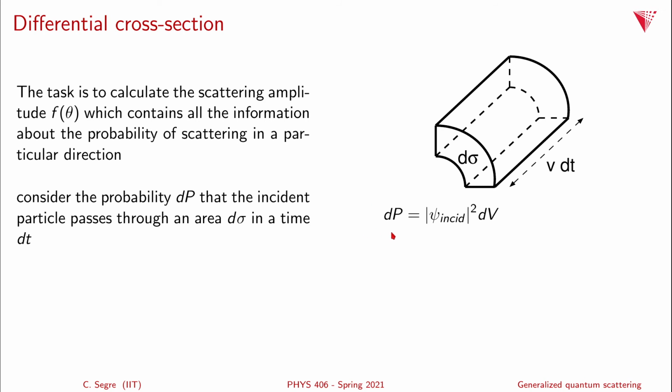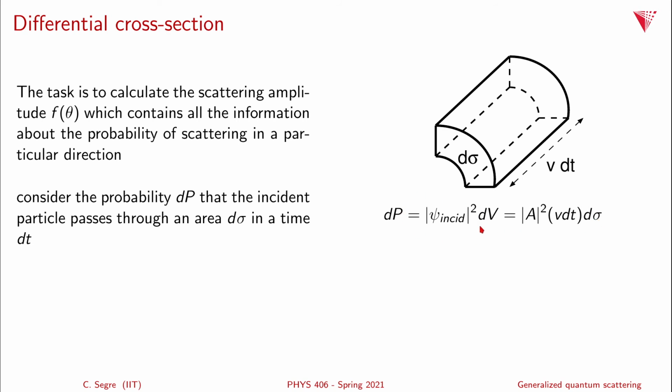And so we can calculate that the probability of those particles as the incident radiation, the incident wave function, modulus squared, that's a probability density, times the volume, dV, of this figure that we have here. But that volume is simply v dt times the cross-sectional area d sigma.